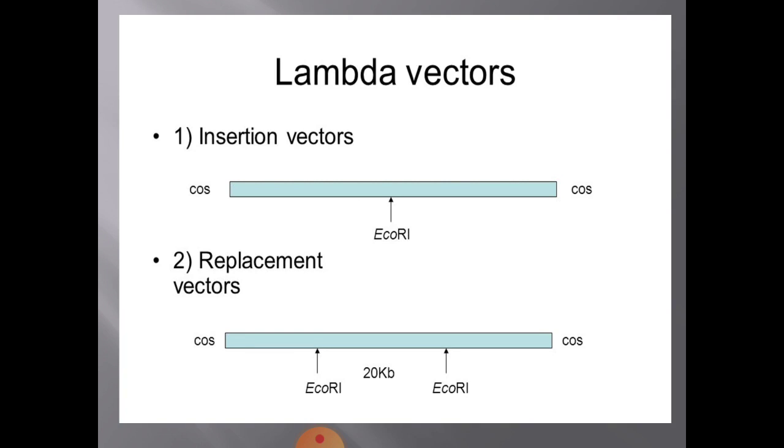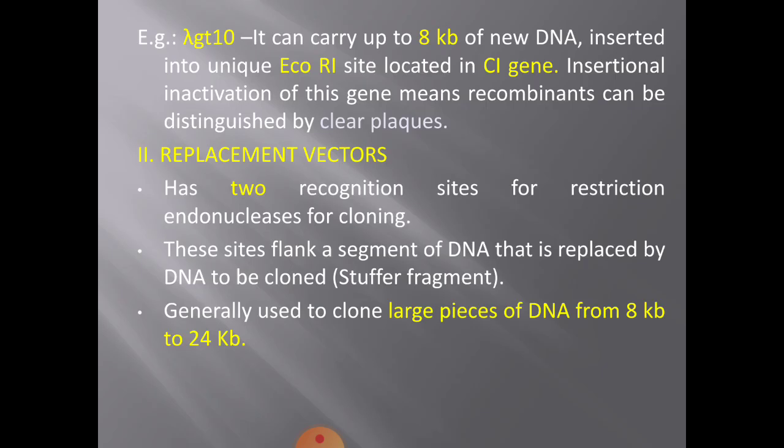Now, the best example for this type of insertion vector is lambda gt10. I will come to this slide a little later again.